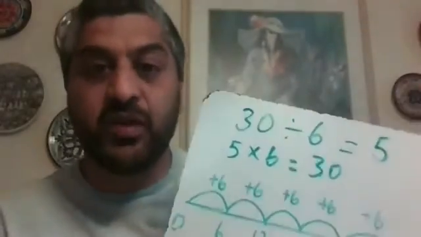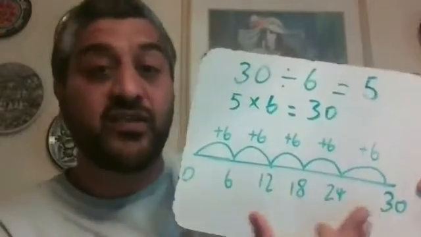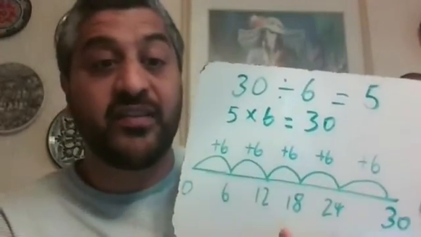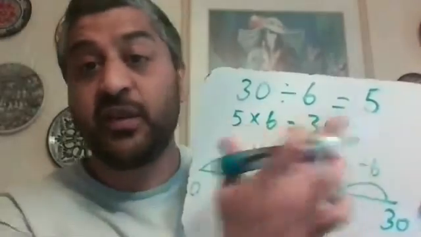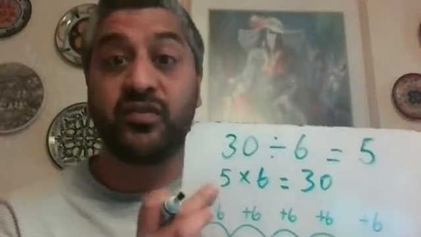But obviously, some children are not secure with their times tables. So using this visual representation of a number line, showing the groups of 6 until you get to 30, we've got 1, 2, 3, 4, 5, which still gives us the same answer. But once you improve your times tables, you'll be able to use your times tables facts to help you, okay?